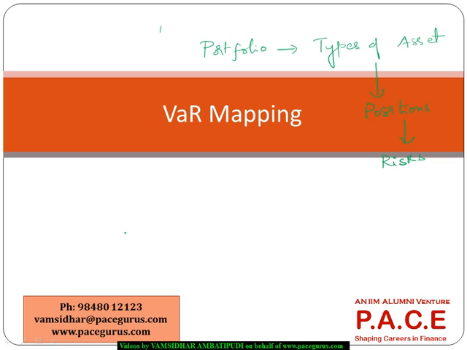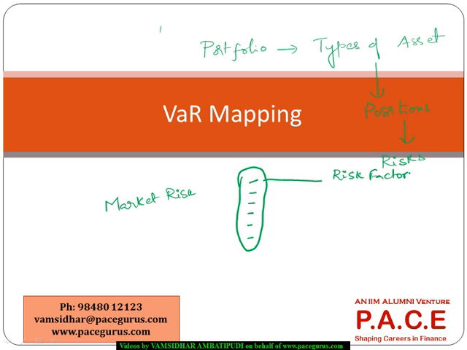So generally, for computation of market risk, especially for a portfolio containing various asset classes, what is generally done is the different positions associated with the portfolio are taken, and each position is mapped to a specific risk factor.